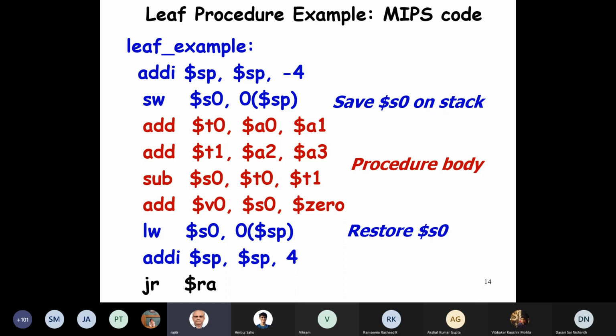Each time we create a place, we add minus 4, and each time we pop out from the stack, we add +4, and then we have jump return, JR, jump return from the return address register, and it will go back to the calling procedure.